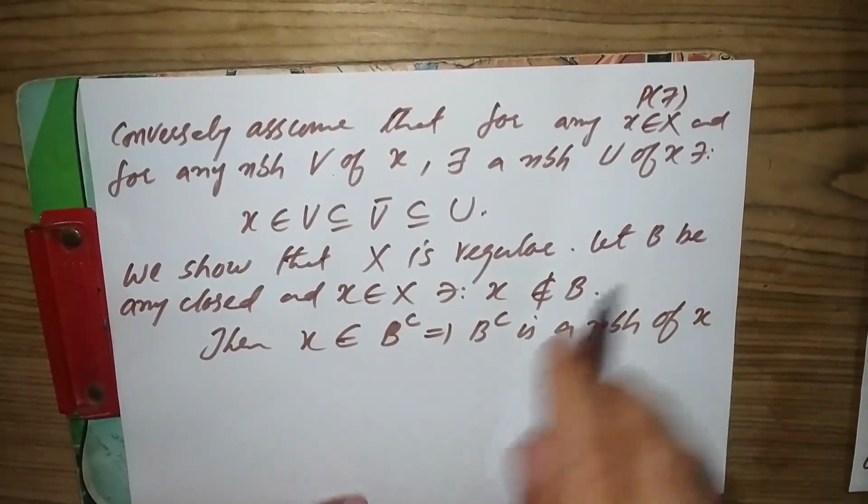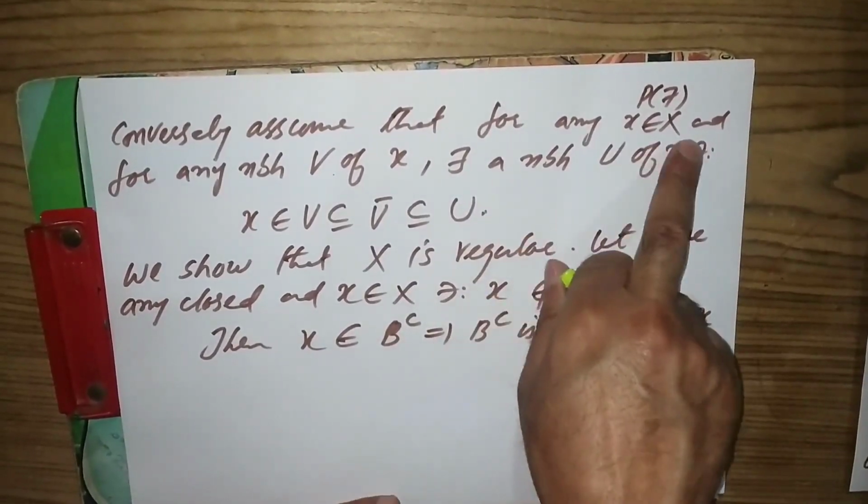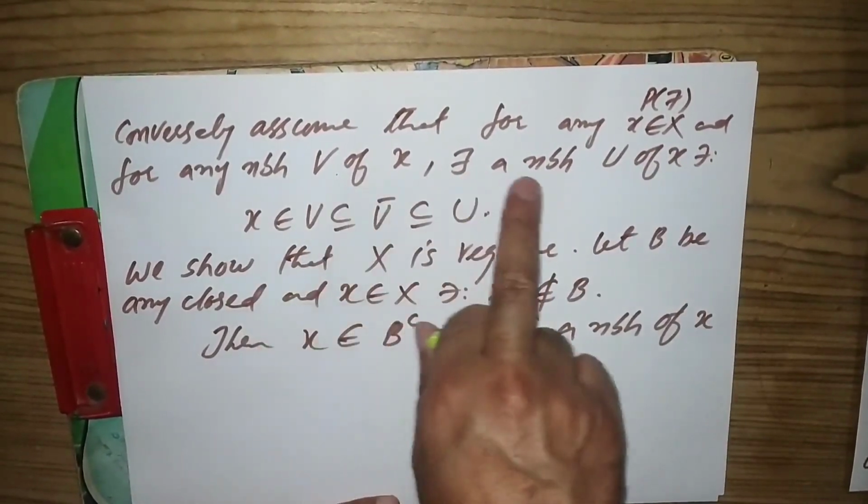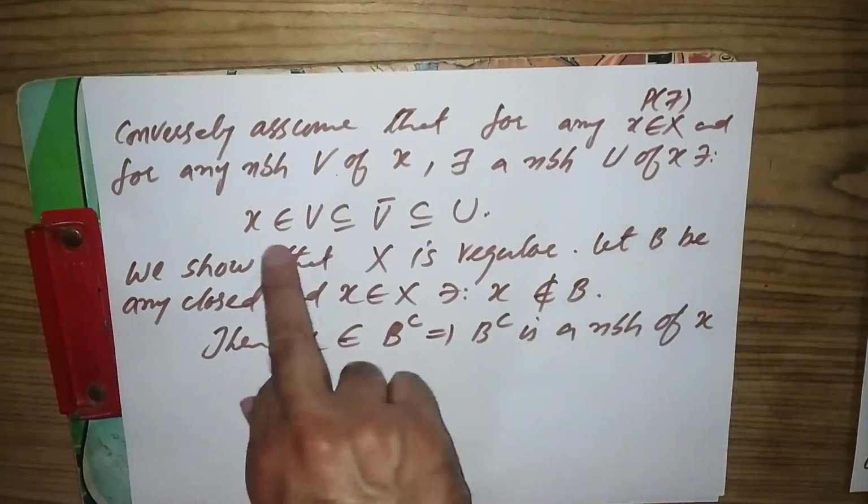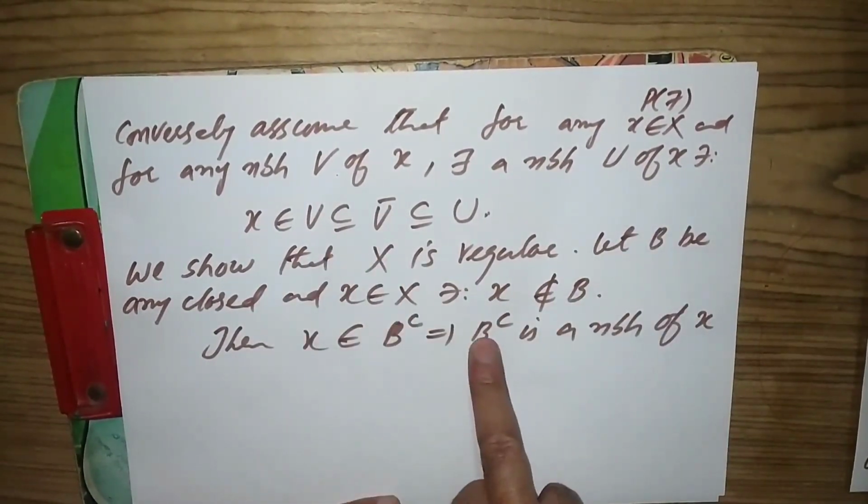Here it is given that for any x in X and for any neighborhood of x, there exists a neighborhood such that this holds. And here B complement is a neighborhood of x.